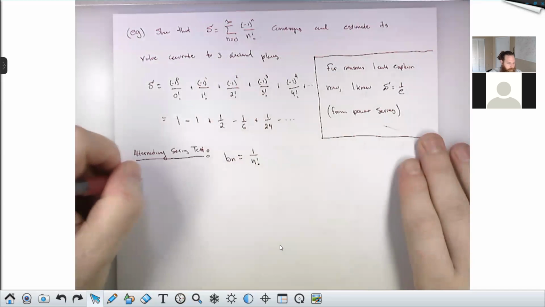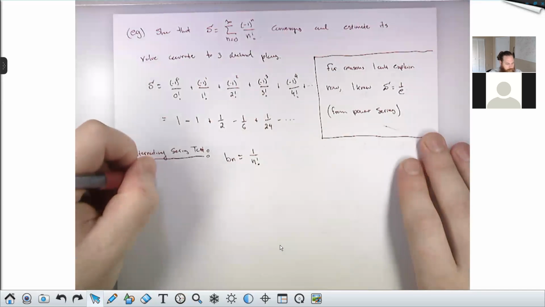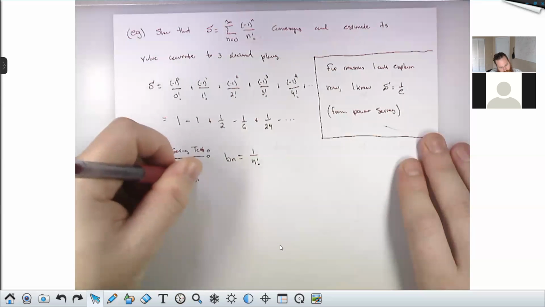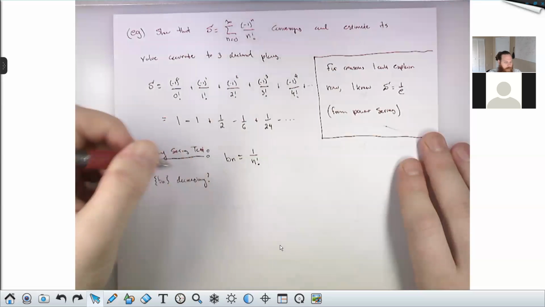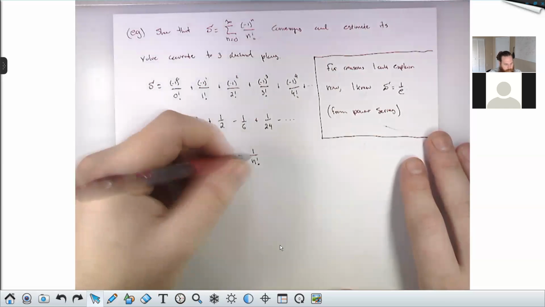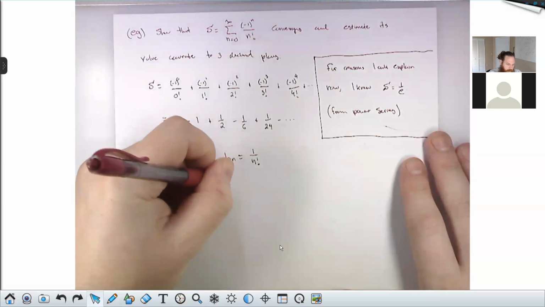And we need to verify that the b_n's are decreasing. In this case, there's lots of ways to show this. Yes, n factorial is increasing.